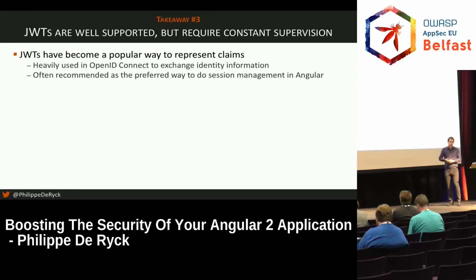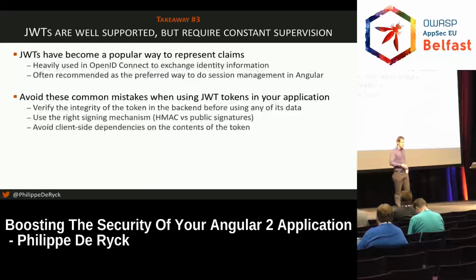Brings me to the third takeaway. JOTs are well supported, often recommended, and I don't advise against using them, but they require constant supervision. They're like small children, you need to keep your eye on them. You need to make sure that when something happens, you can update your libraries and make sure that you are not vulnerable to these kinds of attacks. Be aware of these signature mechanisms and the important difference between them.